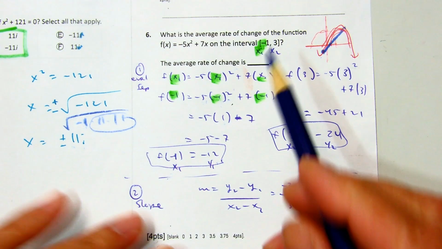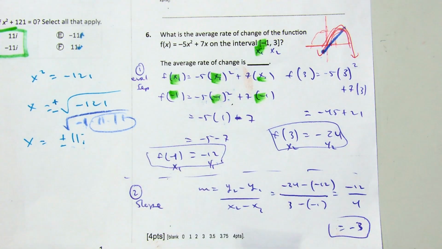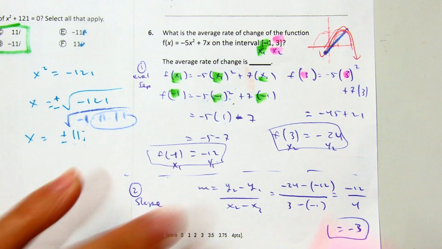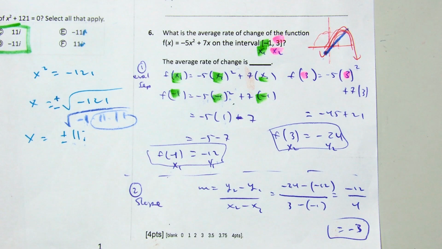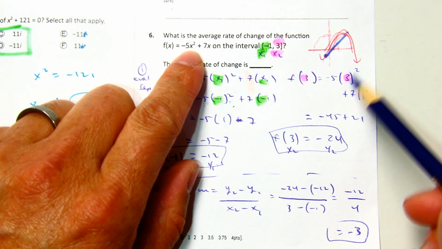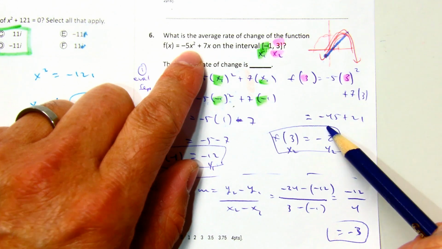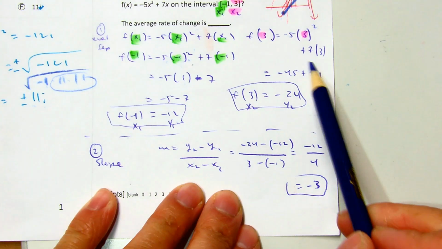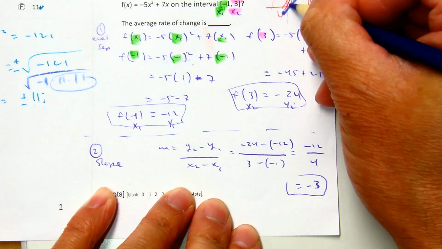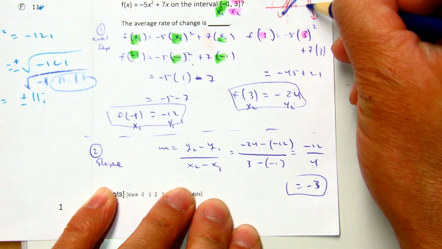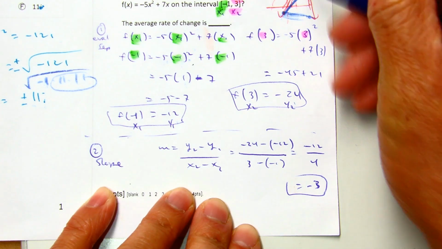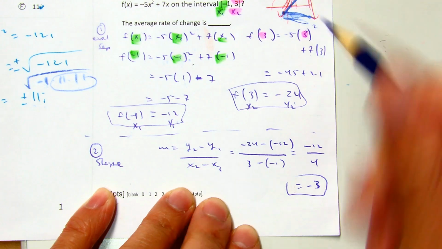Over here, you're going to put in 3 for the x2 value, putting it back into that function. 3 squared is 9. 9 times -5 is -45. 7 times 3 is 21. That's -24. I guess my ordered pair should have been 3, -24.